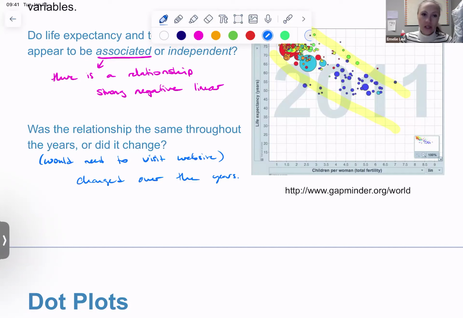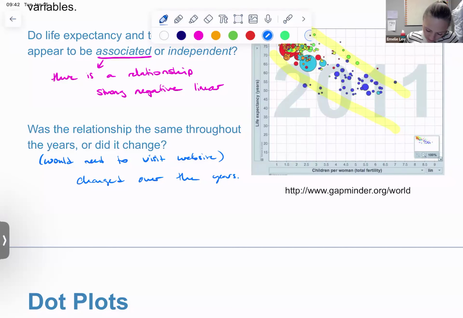I encourage you to go check that out and confirm that, but also to play around and have fun with some interactive graphs. Gapminder has all kinds of world data, so it's a fun place to go check out.